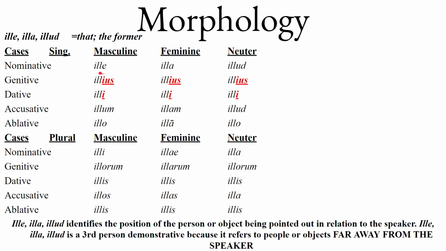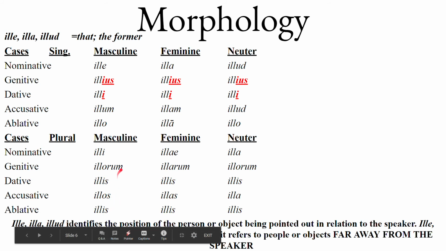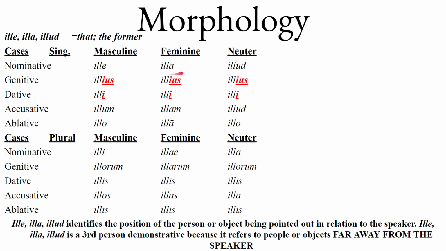All right, so we have masculine ille, illius, illi, illum, illo, illi, illorum, illis, illos, illis. So apart from the heteroclite, it's pretty cool. Oh, and the nominative. Feminine illa, illius, illi, illam, illa, illae, illarum, illis, illas, illis.